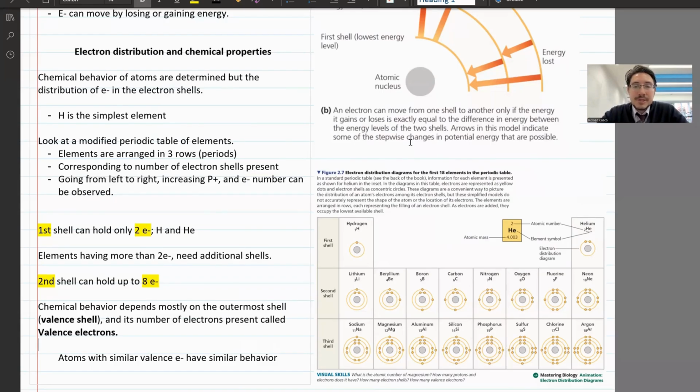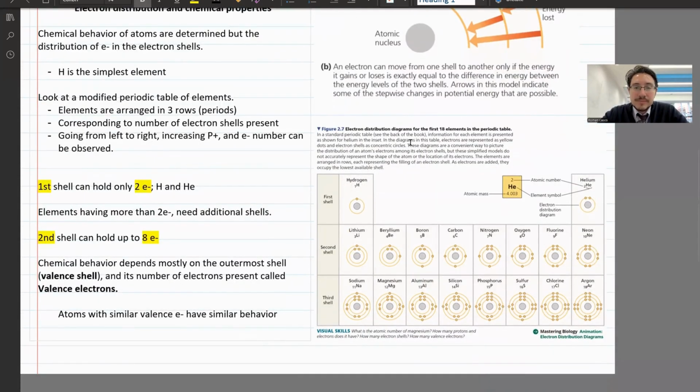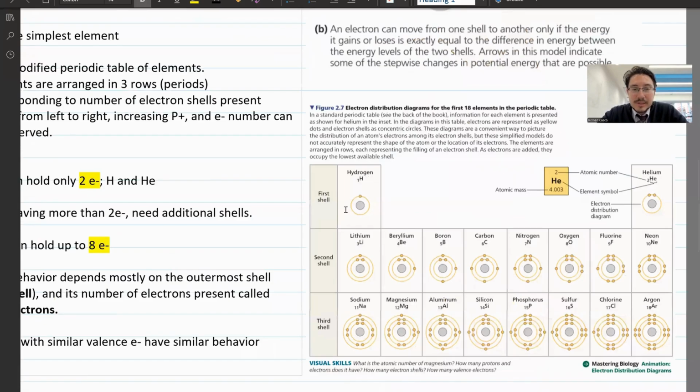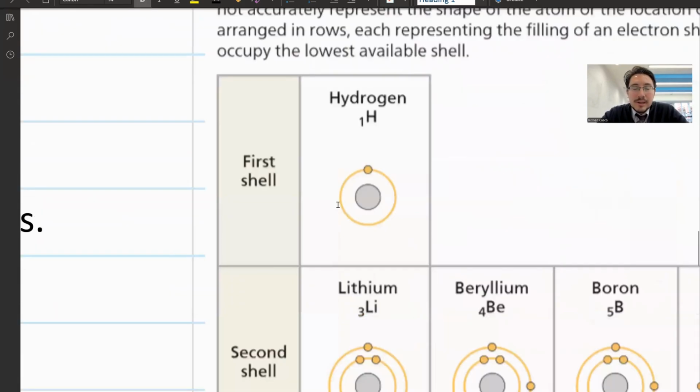Just to give you a representation here of hydrogen. Hydrogen is the simplest element, and you see here it only has one energy level. Of course, hydrogen has an atomic number of one. It has one proton, so it generally would have one electron, and that electron would be in this first little electron shell.